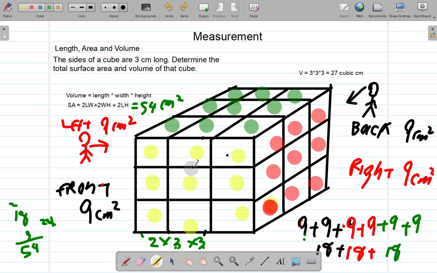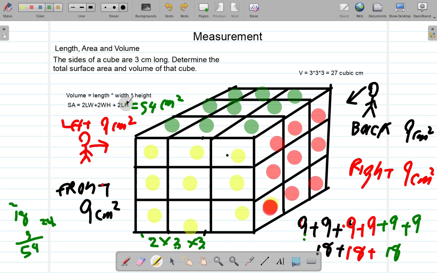What about the length and height? If we're talking about the length here and the height here, the length and height multiplied to give you one side. We double that because the left and the right have the same area. So that's why the formula would work. 2 times length times height.